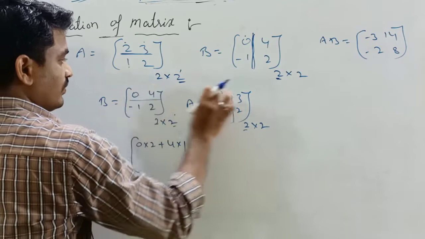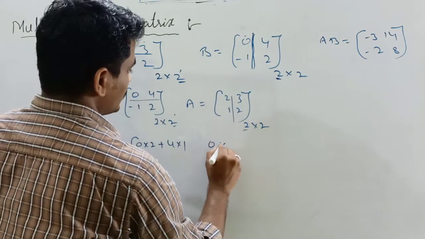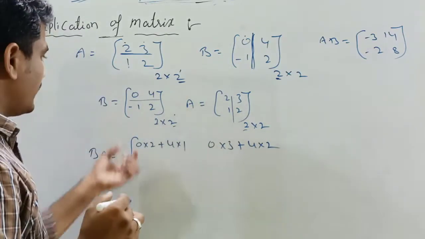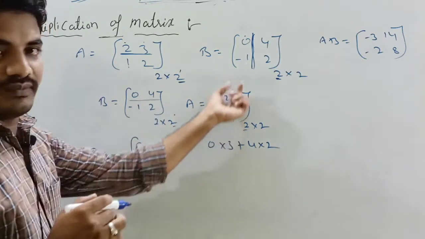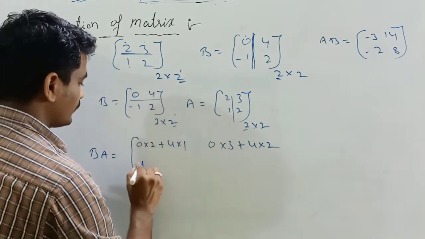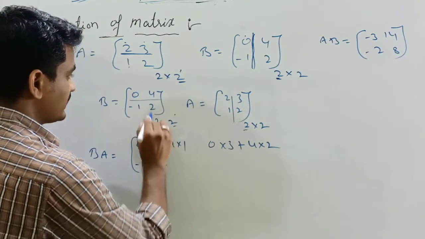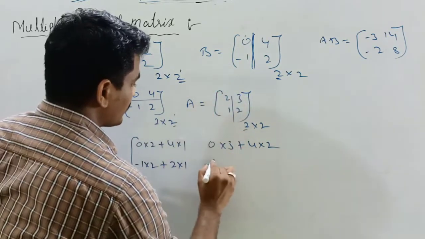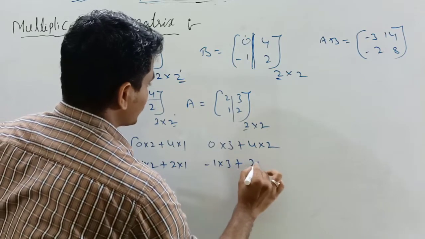Next, first row, second column: 0 into 3 plus 4 into 2. Next, second row, first column and second column: minus 1 into 2 plus 2 into 1, and minus 1 into 3 plus 2 into 2.